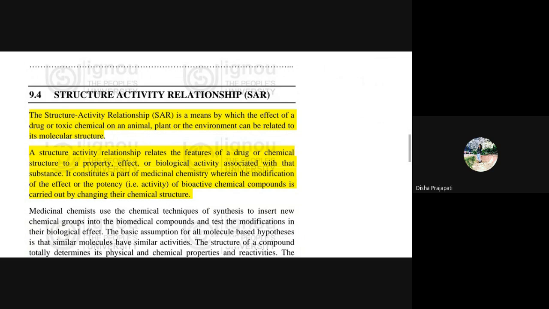A structure activity relationship relates the features of a drug or chemical structure to a property, effect, or biological activity associated with that substance. It constitutes a part of medicinal chemistry wherein the modification of the effect, potency, or activity of bioactive chemical compounds is carried out by changing their chemical structure.